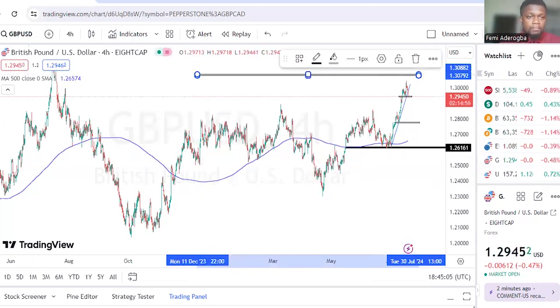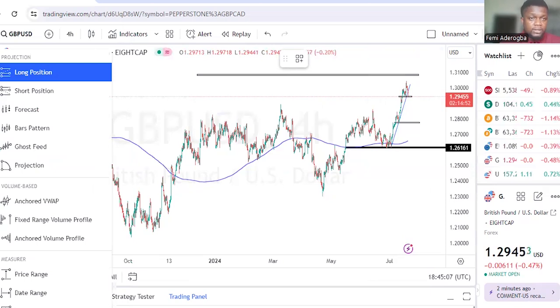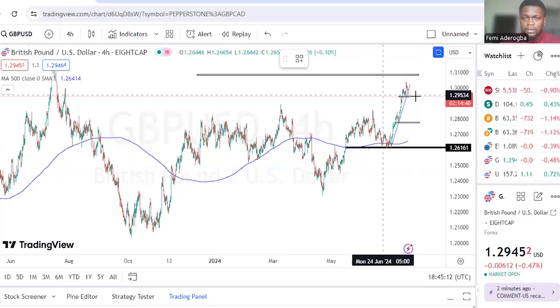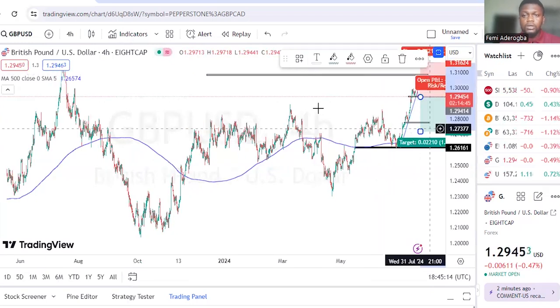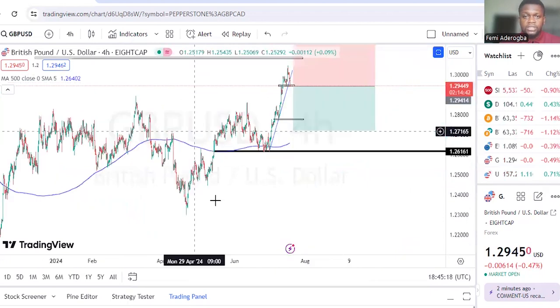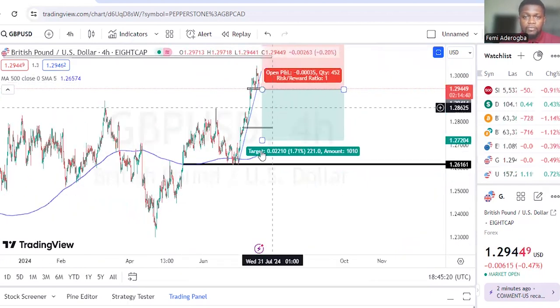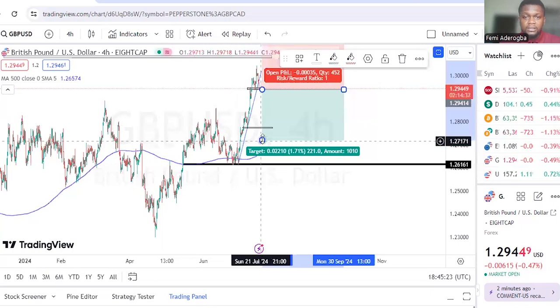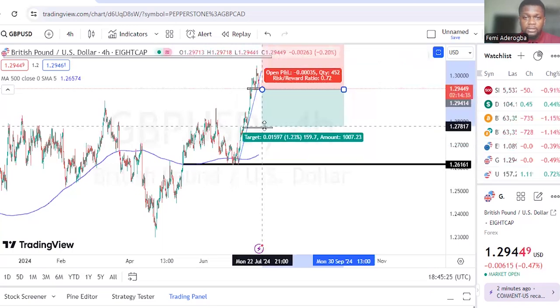Okay, good. So now this is a way to make your chart look a bit more professional. Since you will be taking your profit here, you can drag this around there. Can you see?